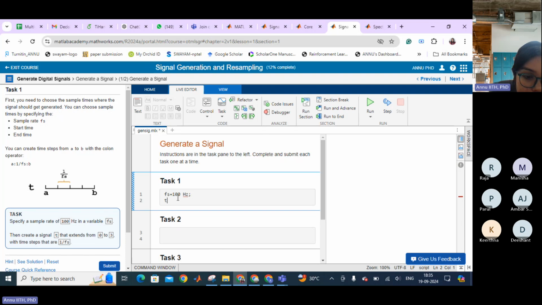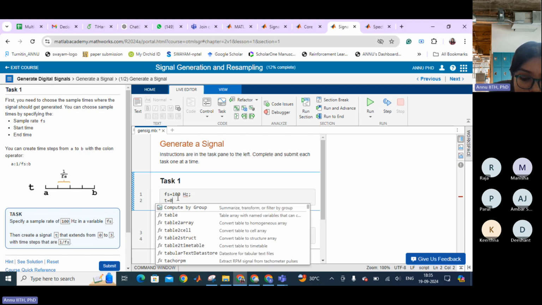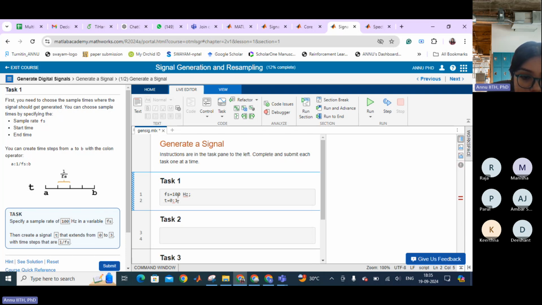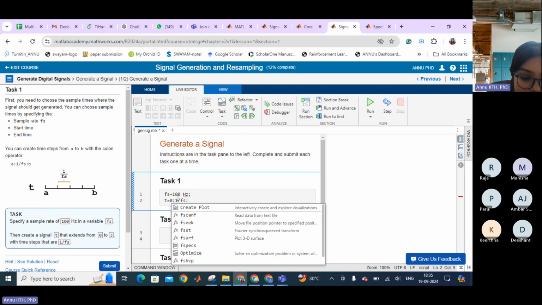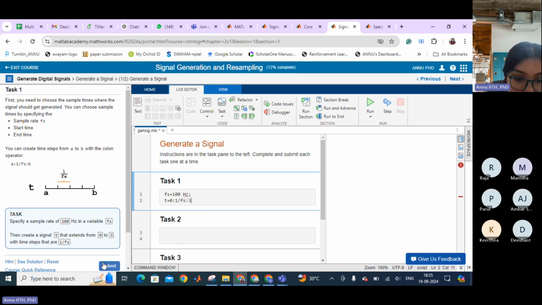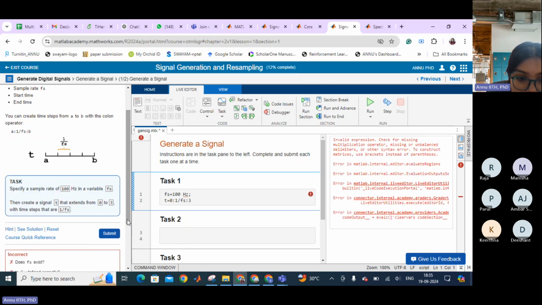Then we need to create t, which will range from 0 to 1 by Fs. And finally we'll have this 3.